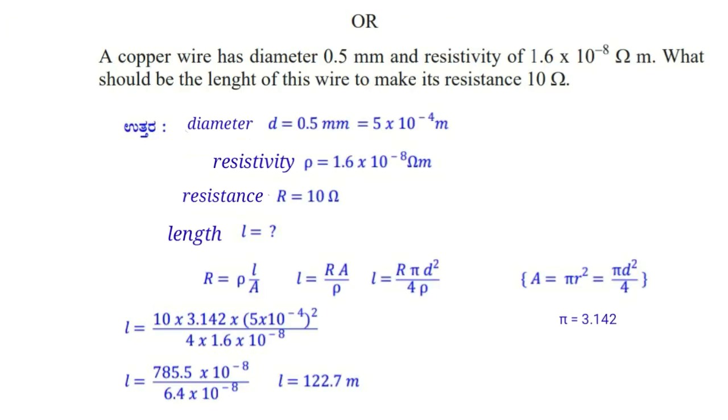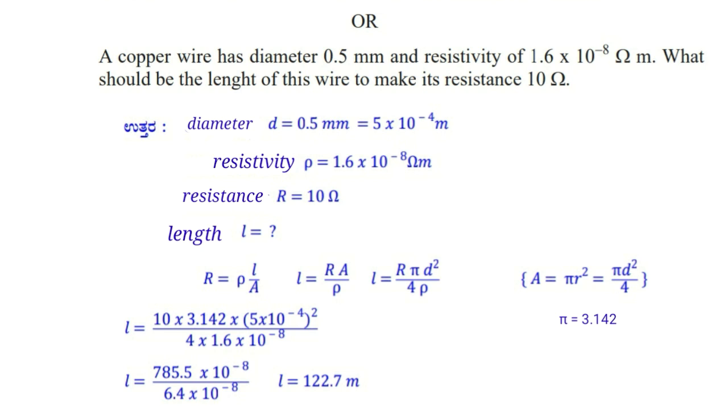Next, our question: a copper wire has diameter of 0.5 mm and resistivity of 1.6 into 10 to the power of minus 8 ohm meter. What should be the length of this wire to make its resistance 10 ohms? Here the given things are diameter, D is equal to 0.5 mm.